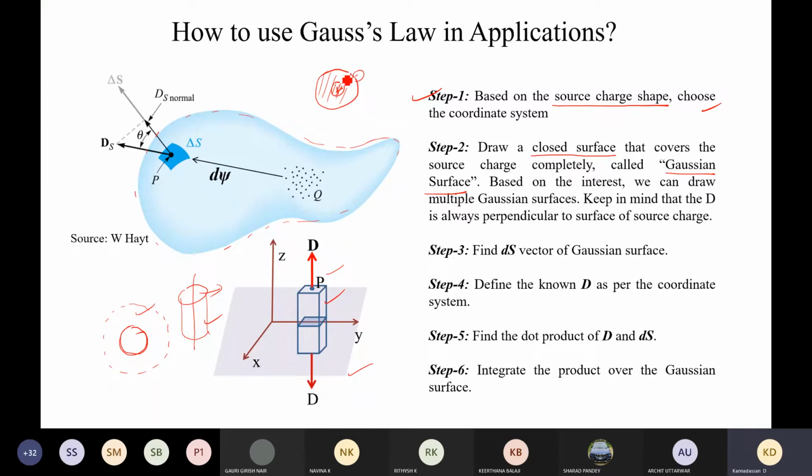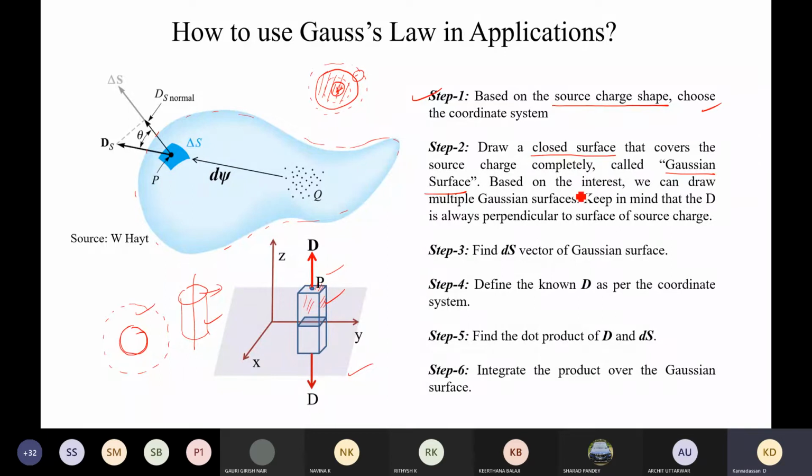Then what about the total flux lines out of that? So we can draw multiple Gaussian surfaces, one inside, another outside. So two or three multiple Gaussian surfaces we can also draw. That is up to us. Here you can see that multiple Gaussian surfaces are available. This is one surface, this another surface, this another surface, like that. Altogether, we have made a closed surface.